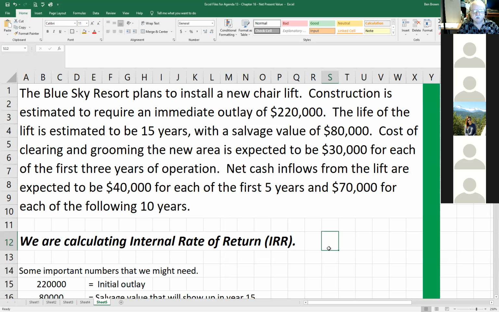Cost of clearing and grooming the new area is expected to be $30,000 for each of the first 3 years of operation. Net cash inflows from the lift are expected to be $40,000 for each of the first 5 years and $70,000 for each of the following 10 years.